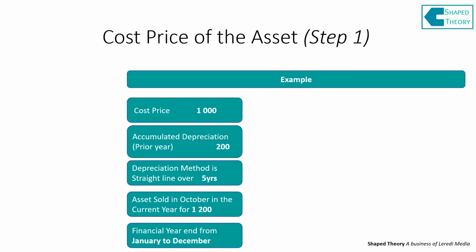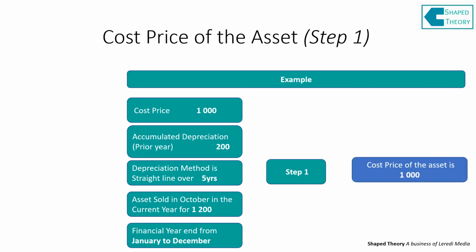We need to take note that when calculating depreciation, the financial year is quite important. You will see later in the slides the reason why we say it is important. Now, in this example, the cost price of the asset in step 1 is 1,000, since this is the purchase price of the asset.